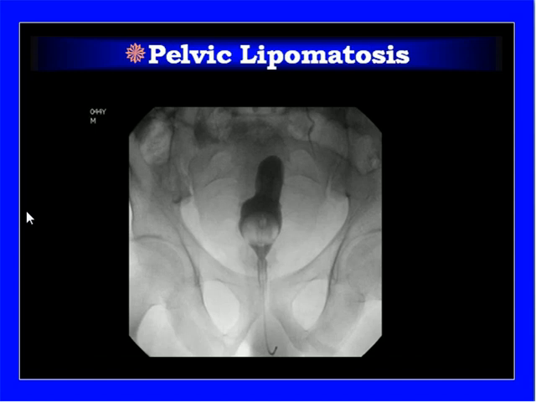The very dark shadow is because of the negative picture obtained. There is a Foley's catheter placed, and some urine is present in the urinary bladder, which is all squeezed by the presence of excessive pelvic fat. The condition is called pelvic lipomatosis.